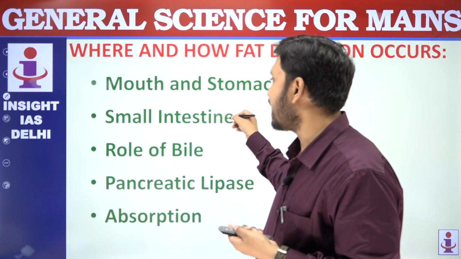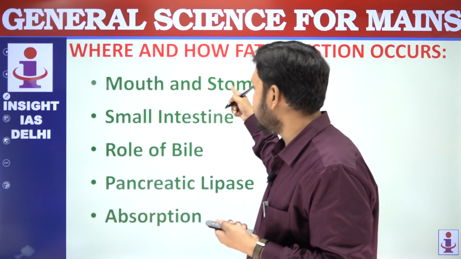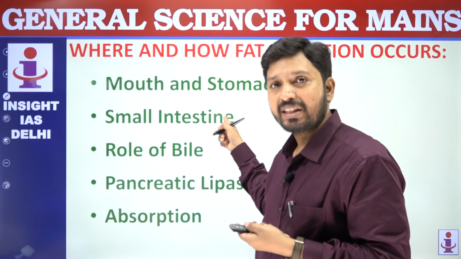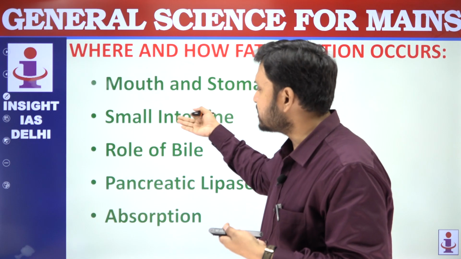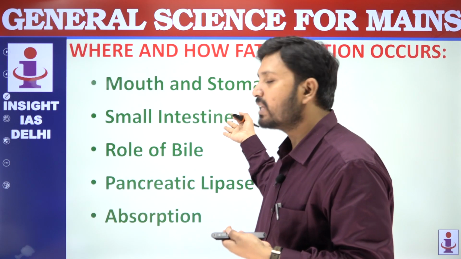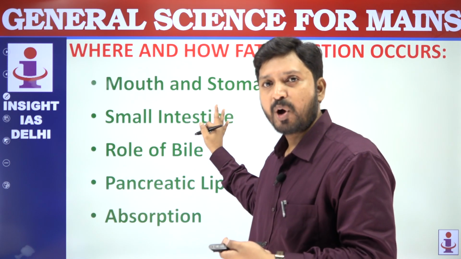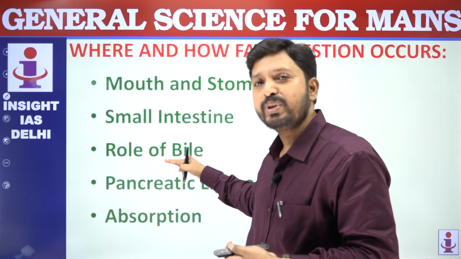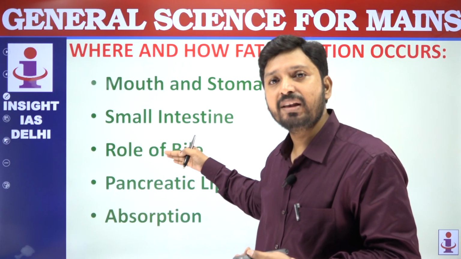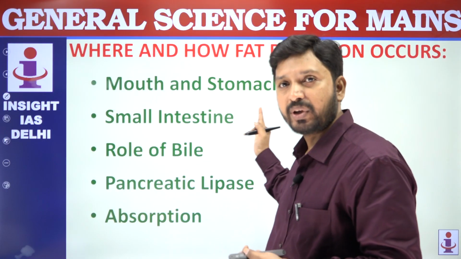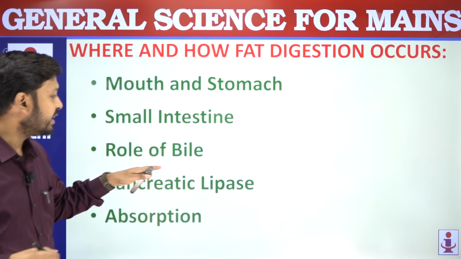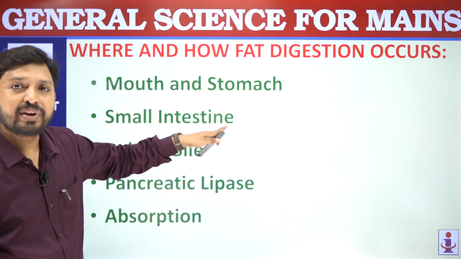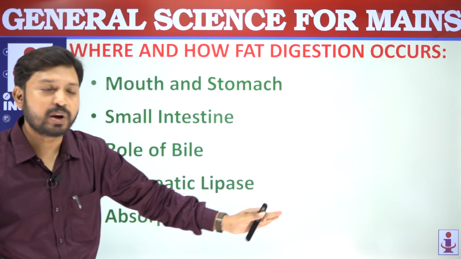The partially digested particles are further broken down into smaller ones. Once they enter the small intestine, the liver will release bile, and the bile will act on them and break them down into smaller ones.